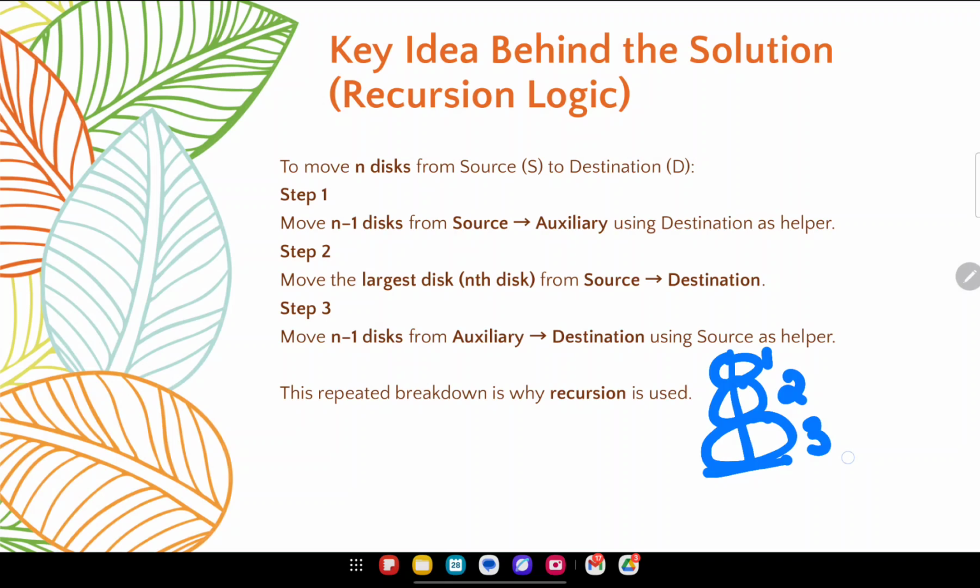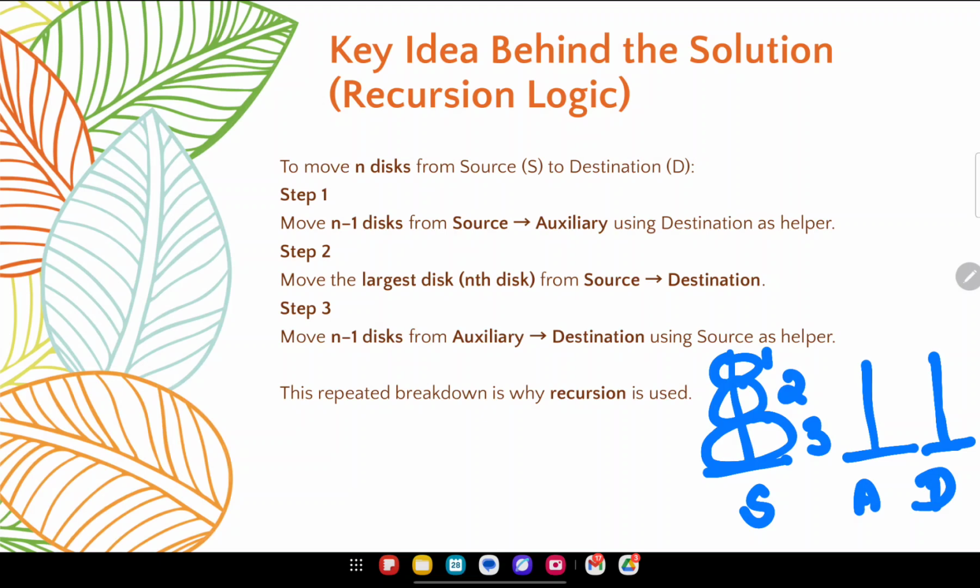We have 3 rods, 3 towers, which we can also call pegs. This is the source rod, this is the auxiliary rod, and this is the destination rod. The source rod has these 3 disks. The auxiliary rod is empty, the destination rod is empty. Disk 3 is the largest one and disk 1 is the smallest.